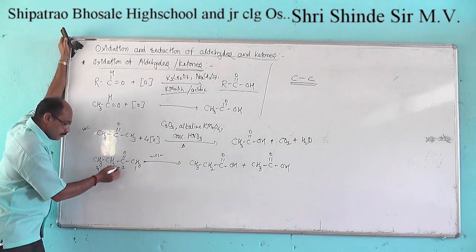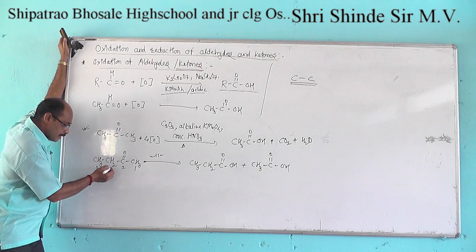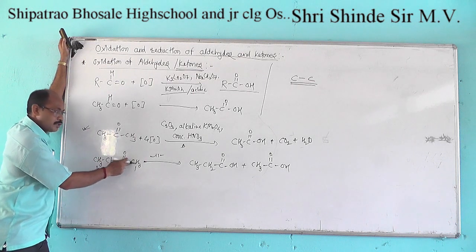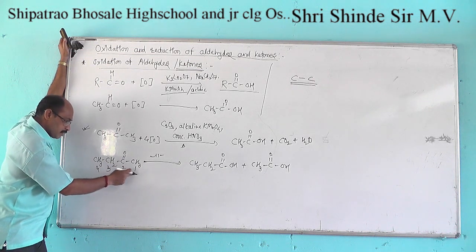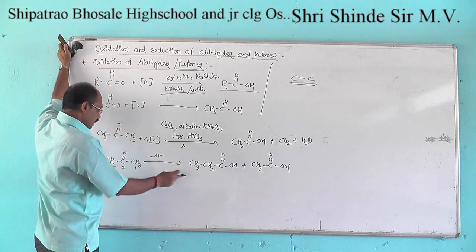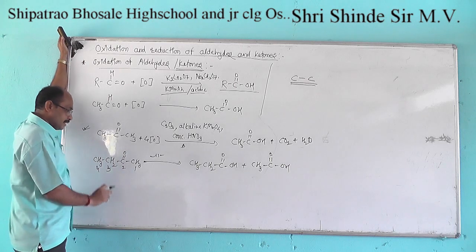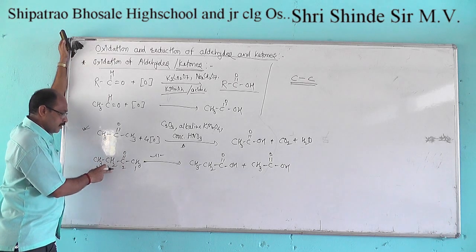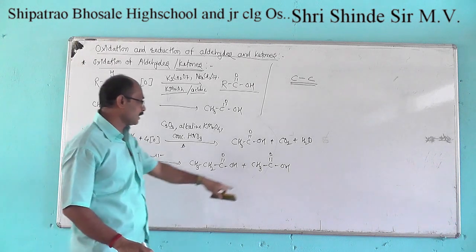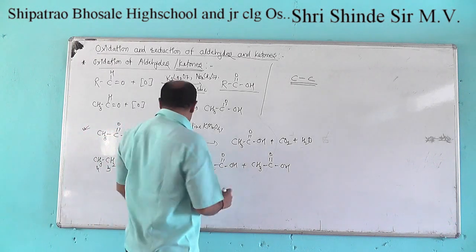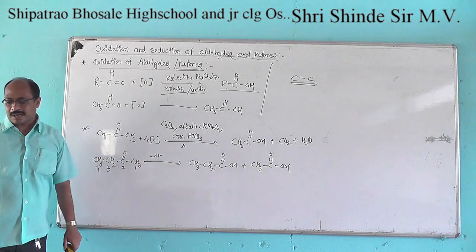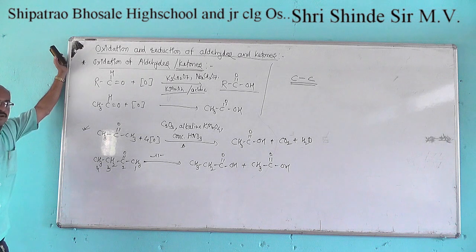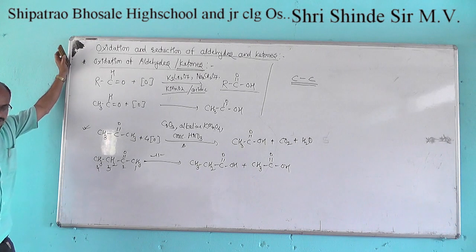Either the breaking of C1 and C2, we are having the formation of propanoic acid. Either the breaking of C2 and C3, we are having the formation of corresponding acetic acid. This gives us the mixture of two different carboxylic acids. These are the oxidation reactions of aldehydes and ketones.